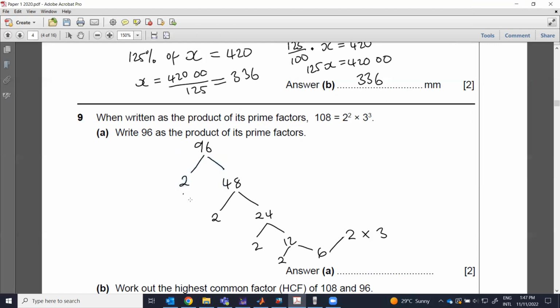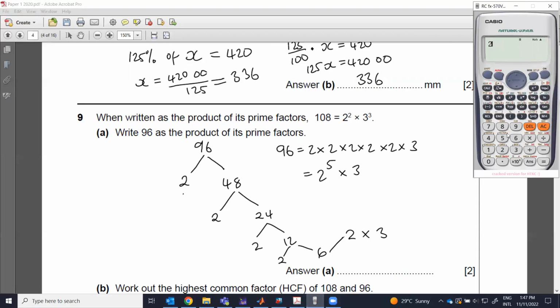So it's 2 times 2 times 2 times 2 times 2 times 3. So 96 is 2 times 2, that's 1, 2, 3, 4, 5, then times 3. So this is 2 to the power of 5 times 3.